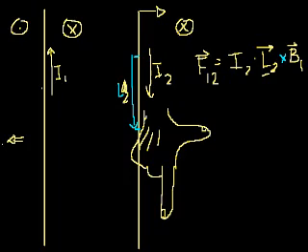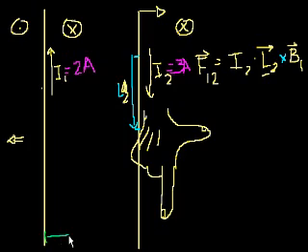So anyway, let's apply some numbers to this problem. Let's do it with the opposite current direction. Let's say that current 1, I'm just going to make up some numbers, is 2 amperes. Current 2 is, I don't know, 3 amperes. What else do we need to know? We need to know how far apart they are.